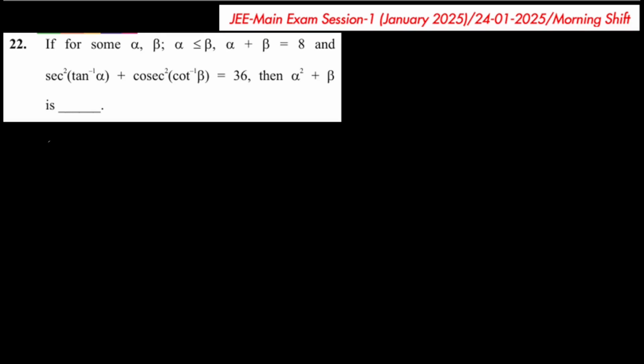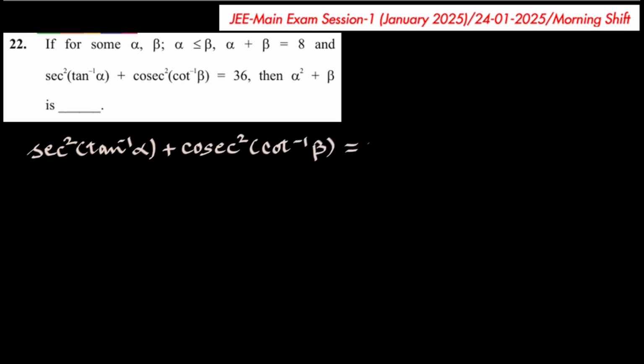In this question, sec square of tan inverse alpha plus cosec square of cot inverse beta is 36, and we have to find alpha square plus beta when alpha is less than or equal to beta; alpha plus beta is given to be 8.